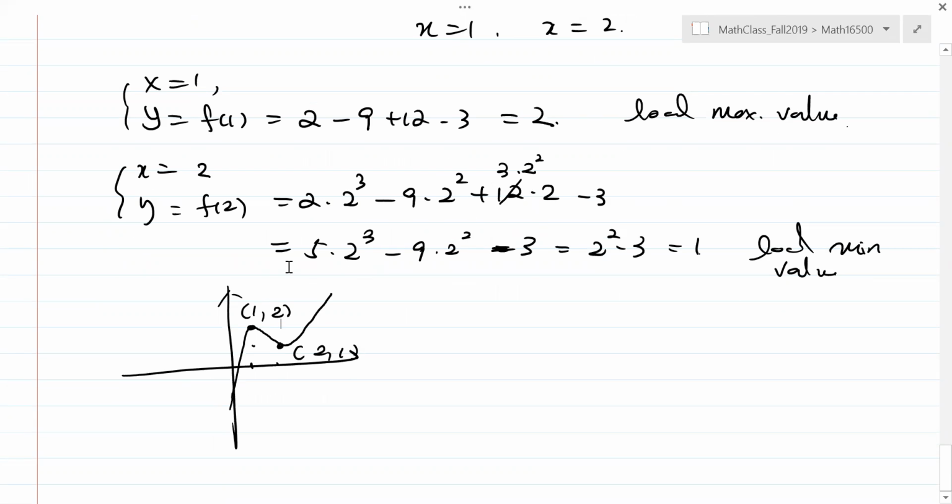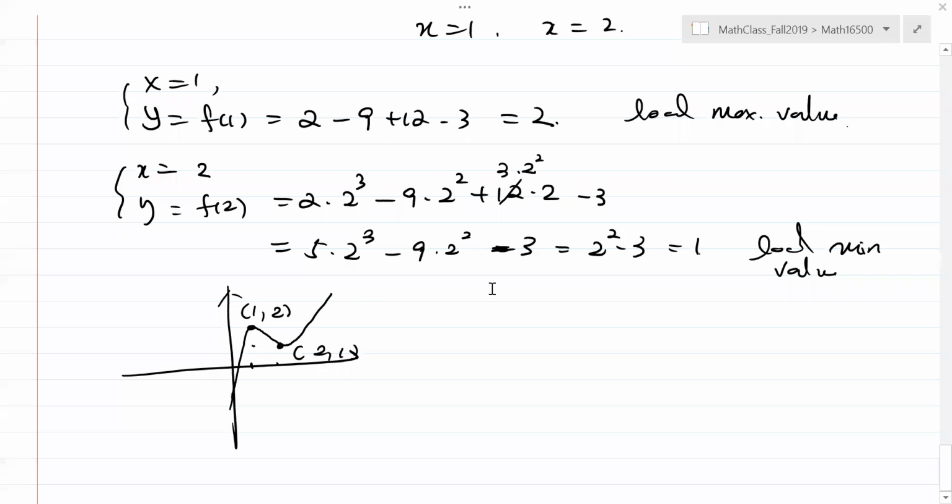What we can get from this graph, and you see, this is the y-intercept.